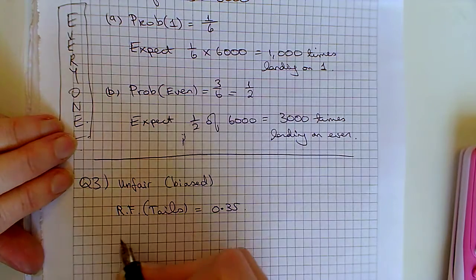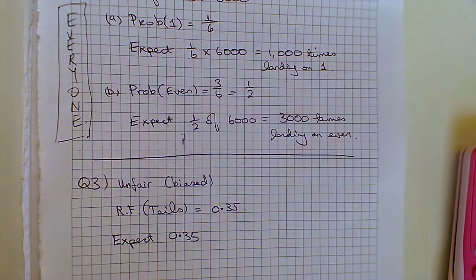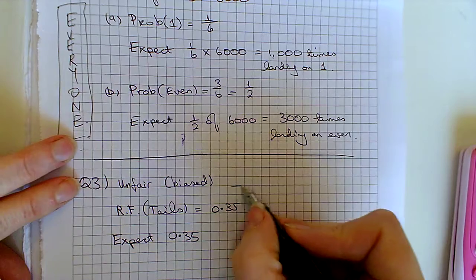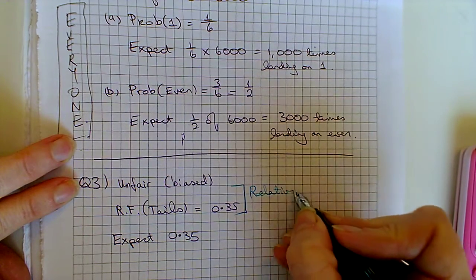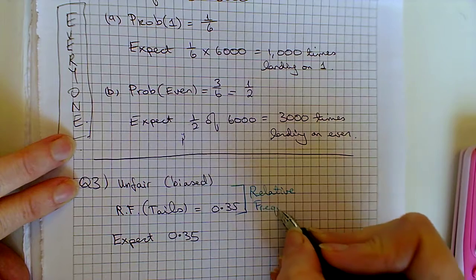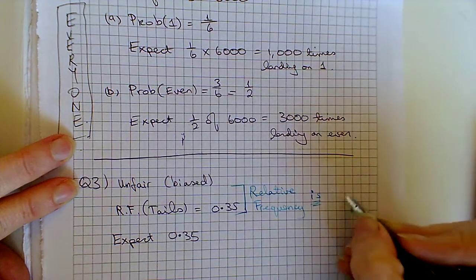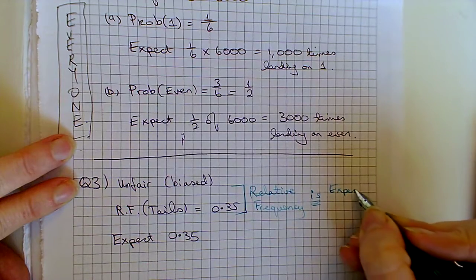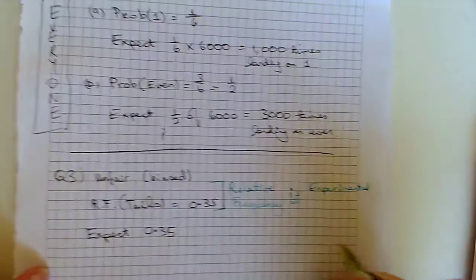So we can use this as a probability. Remember, relative frequency is a probability, especially for biased things. Relative frequency is experimental probability. It's an estimate of the probability. So we can use it as probability.